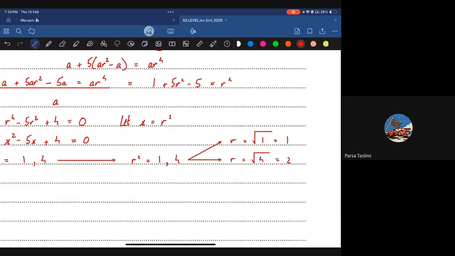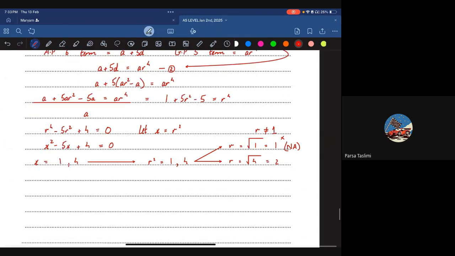Parsa, I cannot use this, because the common ratio cannot be equal to 1. How will the progression increase? If the common ratio is equal to 1, then the progression won't increase. Clear? So now what's going to happen?